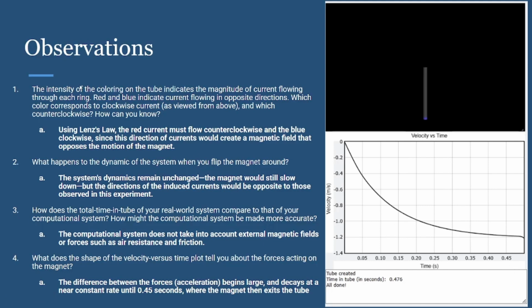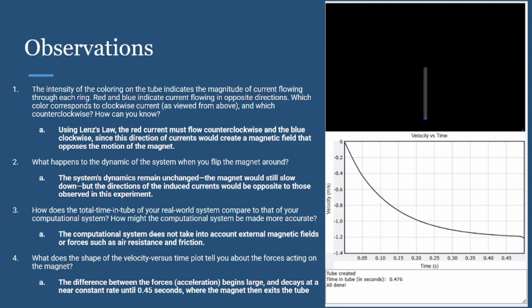So answering these observation questions, we knew that the red current must flow counterclockwise and the blue clockwise, since the direction of the currents would create a magnetic field that opposes the motion of the magnet, which is what we would expect to happen. Then the system's dynamics should remain unchanged.